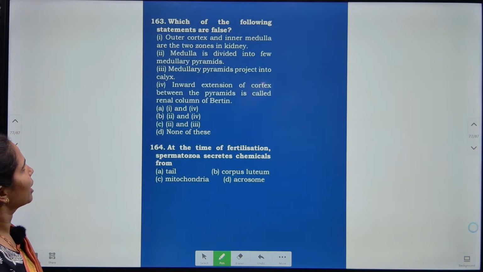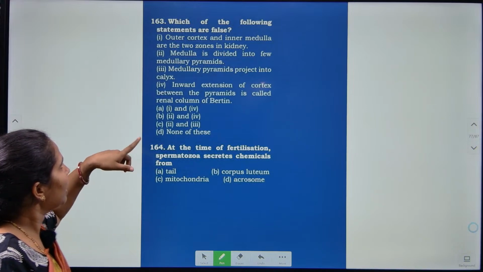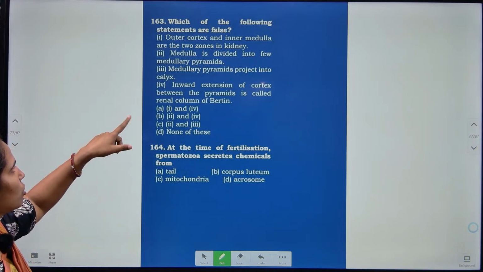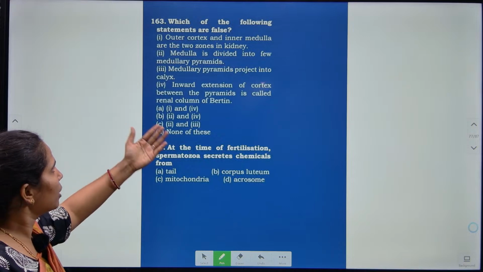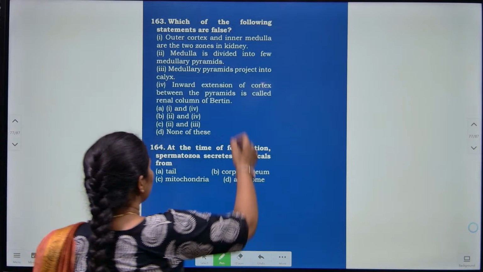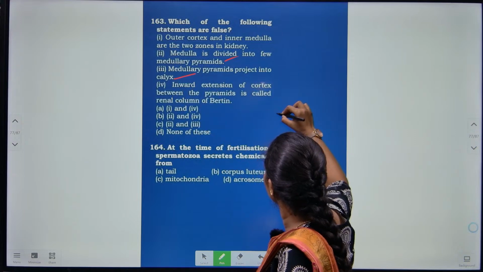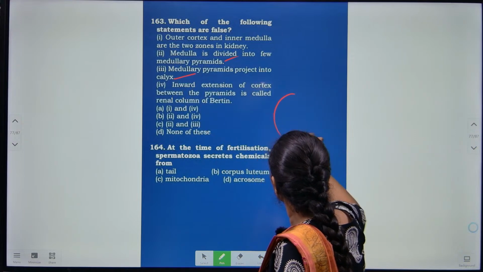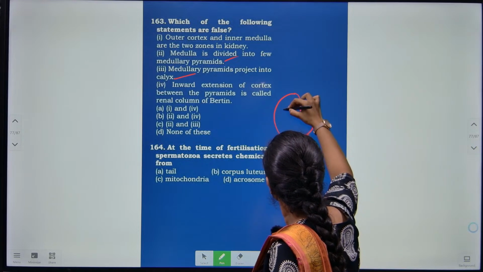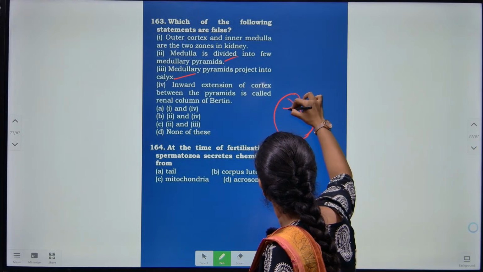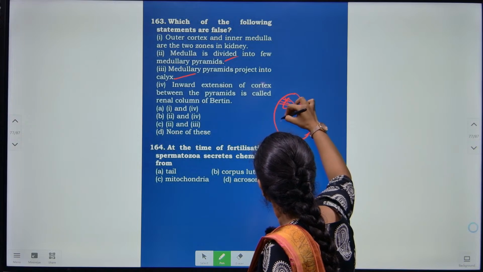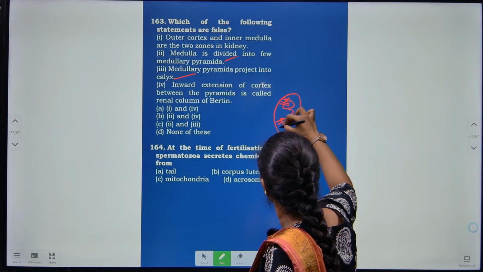Which of the following statements are false? The outer cortex and inner medulla are the two zones in the kidney. Medulla is divided, yes, into a few medullary pyramids. Medullary pyramids project into the calyx, that is, if you see the transverse section of a kidney here, these are called medullary pyramids, and they are present with the medullary rays here, which are interconnected with the calyx here.